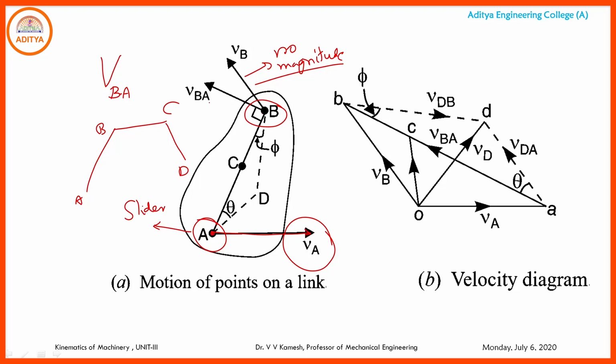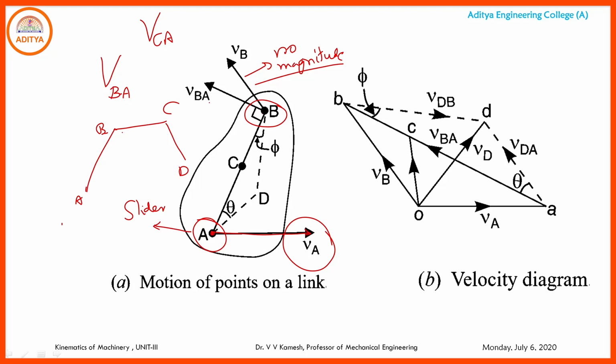If I want to find the velocity of C with respect to A, then I need to write VCA. For D, the velocity of D with respect to C is VDC, velocity of D with respect to B is VDB, or velocity of B with respect to D is VBD. Like this, we have the same notation for any 2 points: relative velocity of some primary element with reference to the second.